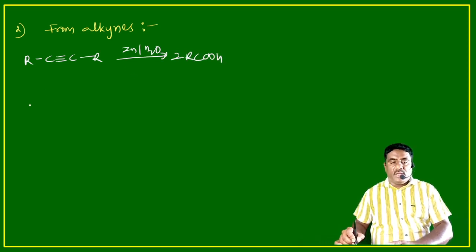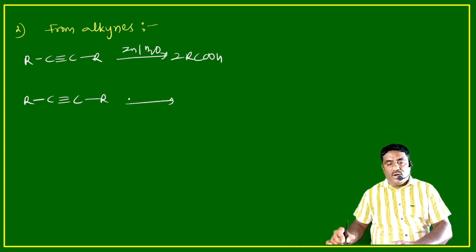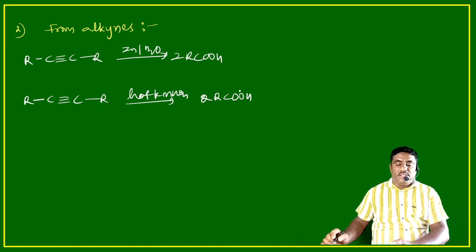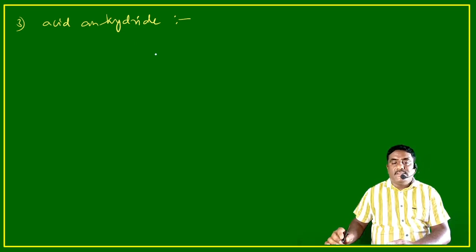Again R C triple bond C, in presence of hot KMnO4 solution, it also gives carboxylic acid or COOH. This is from alkynes.